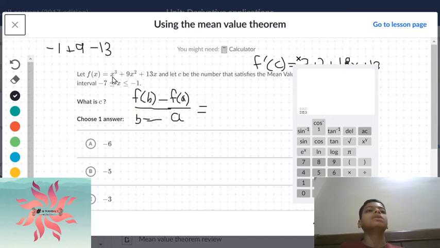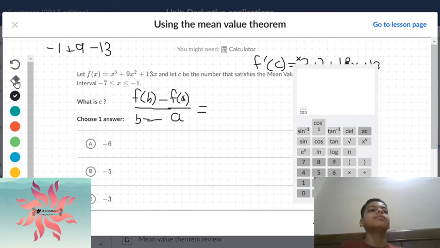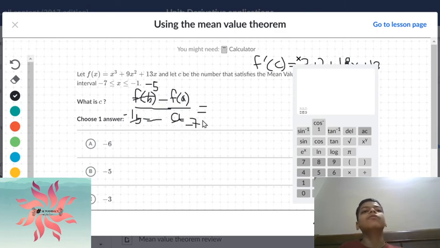Negative 4 minus 1 is negative 5. So f of b is negative 5, and b is just negative 1. a is negative 7.